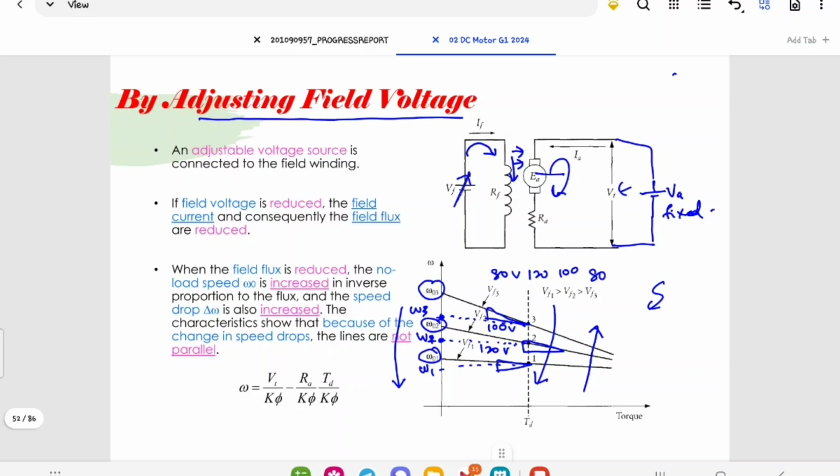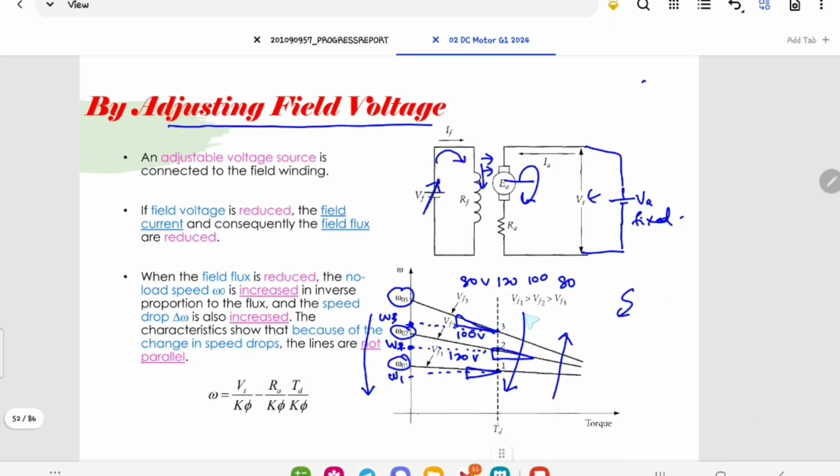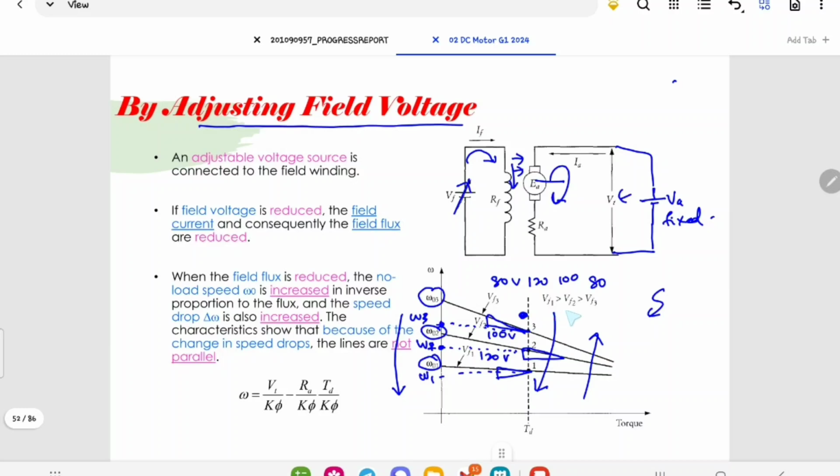My early explanation was that I increase the VF from this point to here. But if you go from here to here, the VF is reduced. So when your VF is reduced, what happens? Your speed will increase; you can see the speed keeps going up. The characteristic shows that because of the change in speed drop, the lines are not parallel anymore, and we can see that from this equation also.